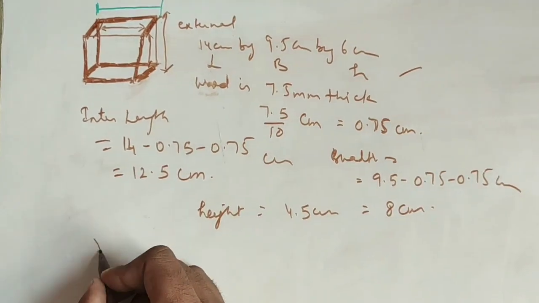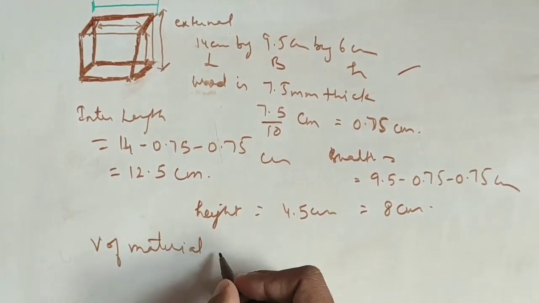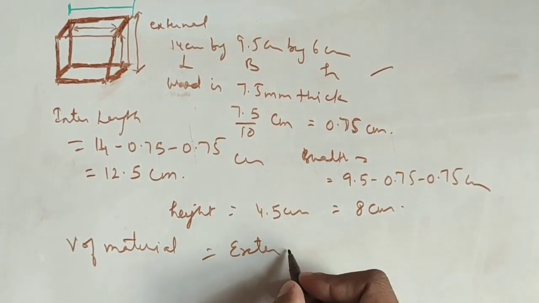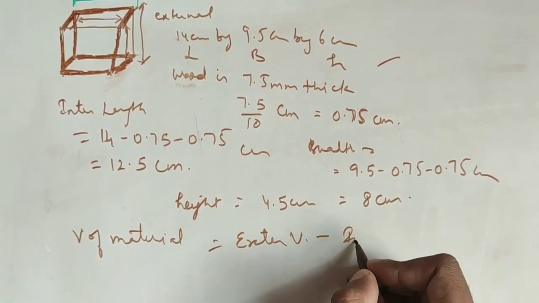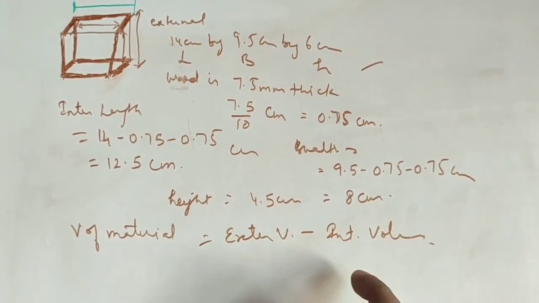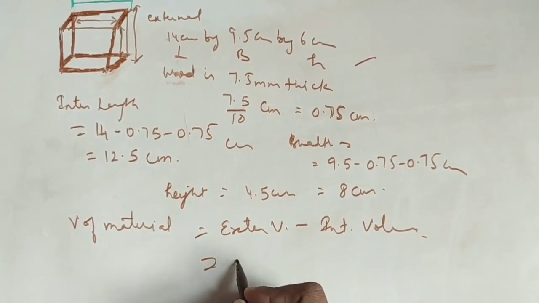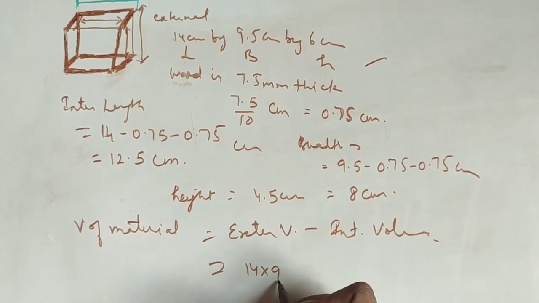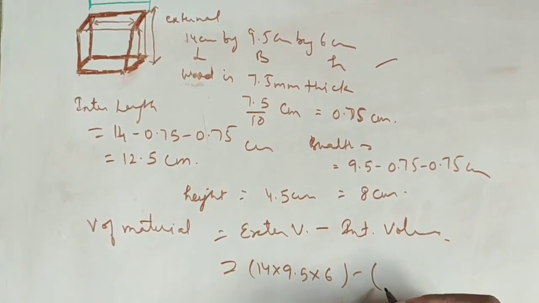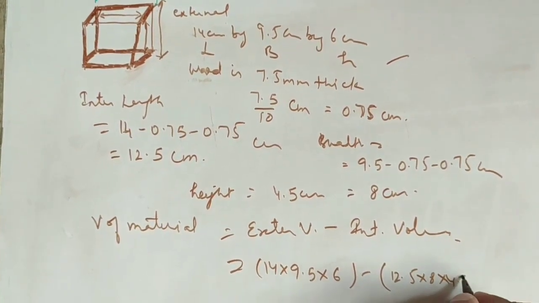Whenever we have to find out volume of material of anything, you will subtract internal volume from external volume. So here external volume will be 14 into 9.5 into 6 minus internal volume, 12.5 into 8 into 4.5.